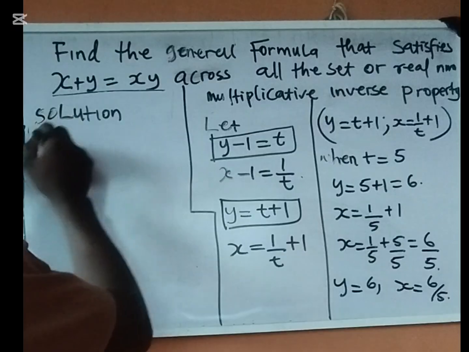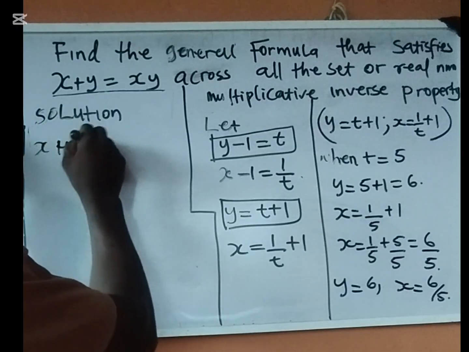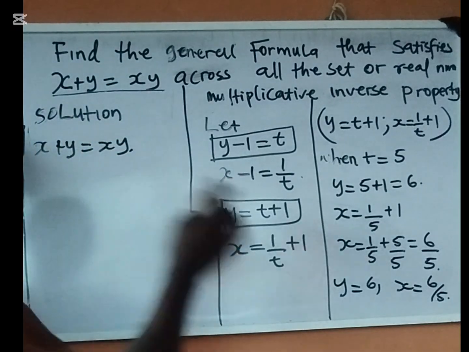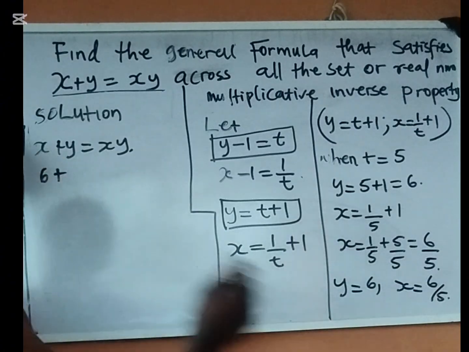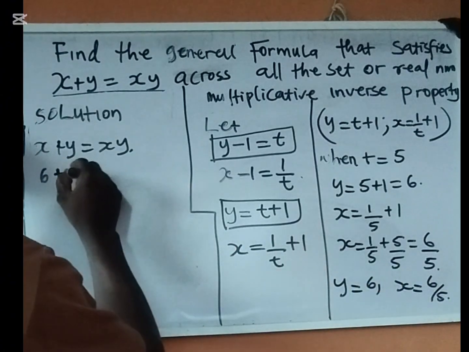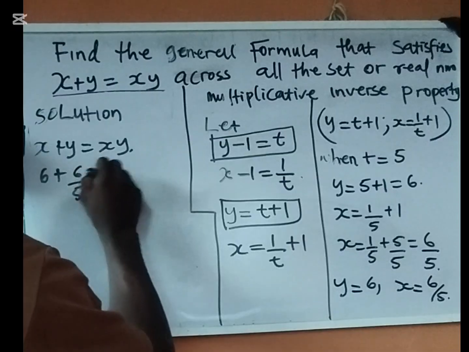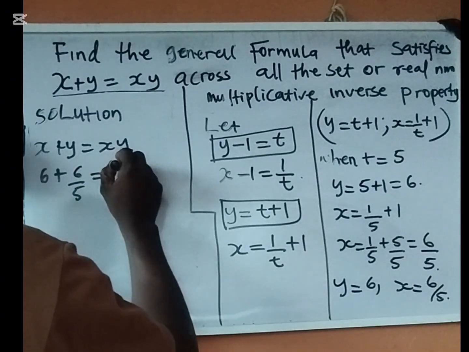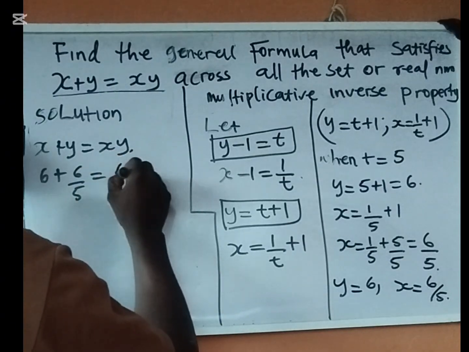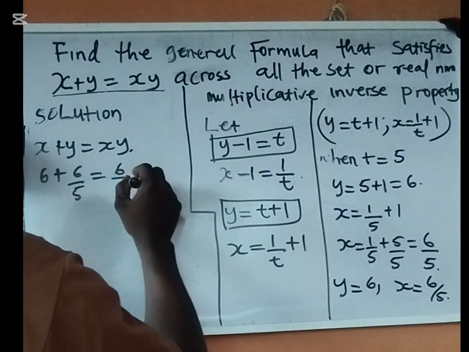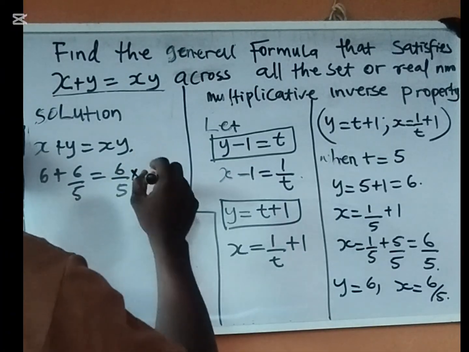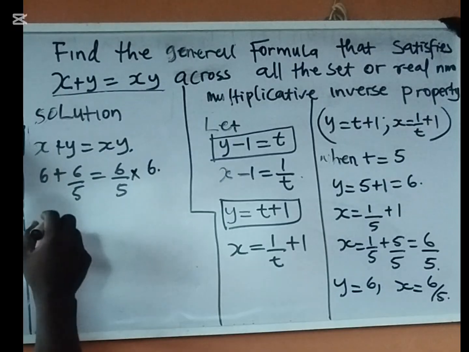So we're going to do it now. x plus y is equal to xy. Our value for y is 6 plus our value for x, which is 6 over 5. Will it be equal to 6 over 5 times 6?